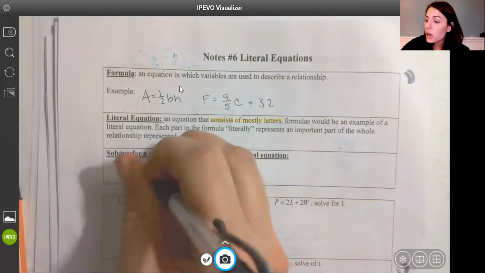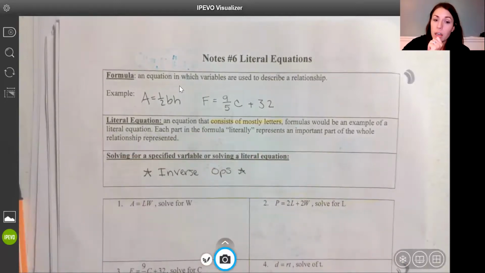So it's still all about inverse operations. Even though I'm not going to get a value here, up until now we were solving for a variable and saying x equals 5 or x equals 2, whatever it may have been. Now we're just taking a formula and rearranging it, so instead of having one variable isolated, we've isolated a different one, which can be helpful when we're trying to solve for a specific piece of that relationship.